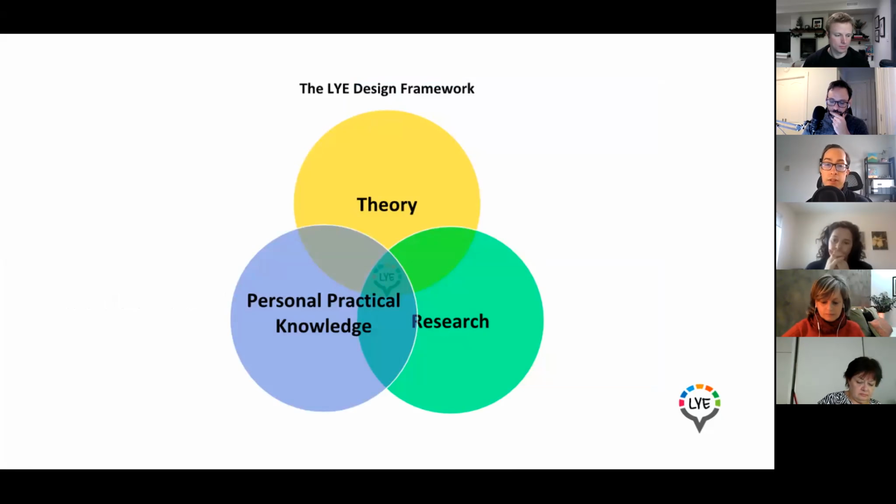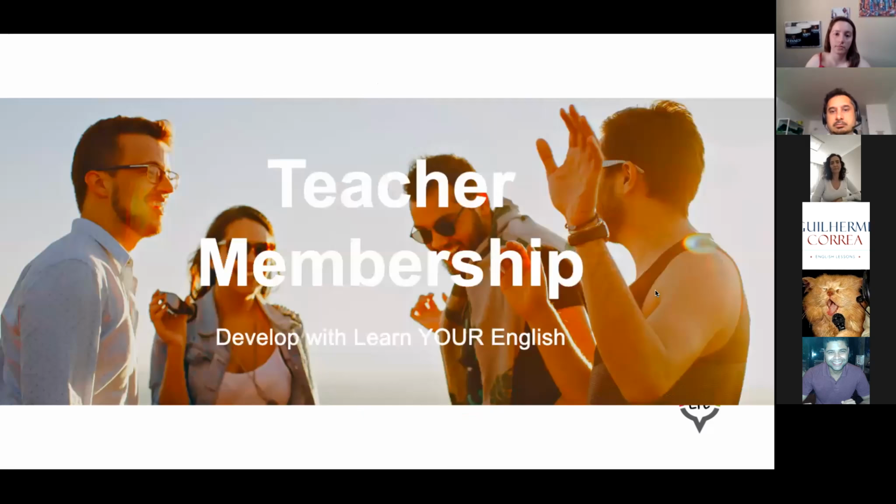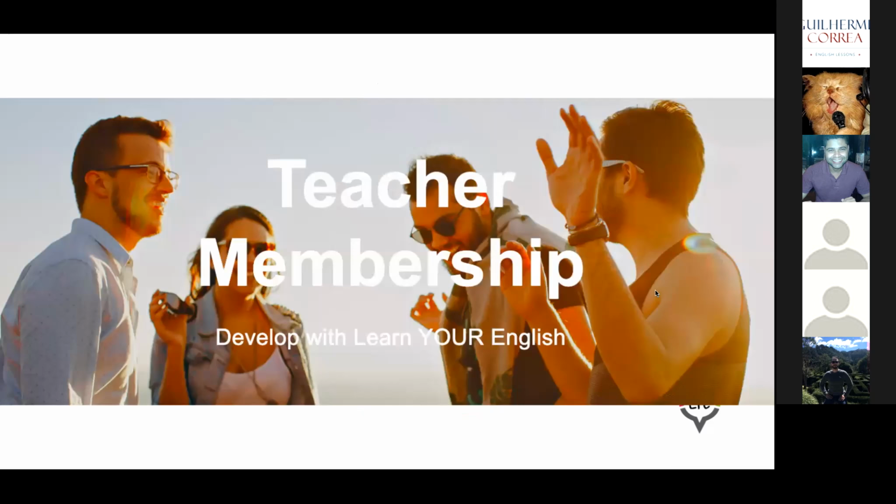Essentially, we adhere to this three-pronged approach to continuous development, drawing on theory, practical knowledge, as well as current research, and we appear in that nexus in the middle. Other than that, we basically provide a community through our teacher membership.